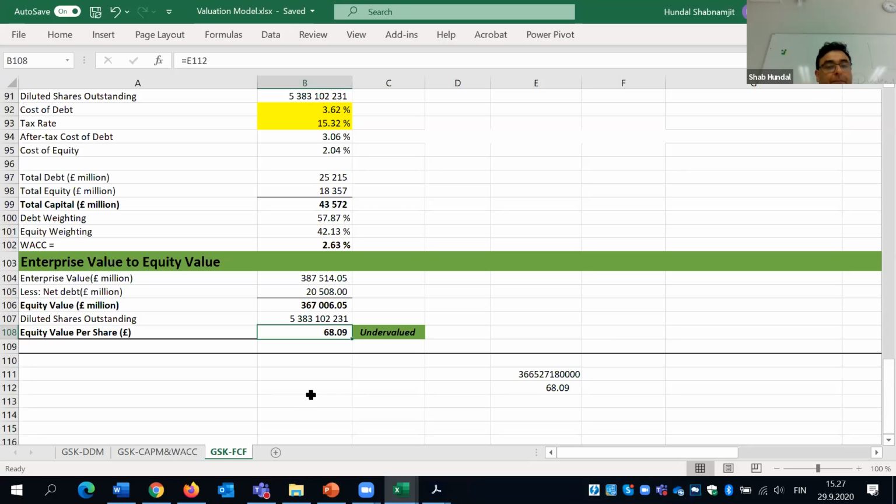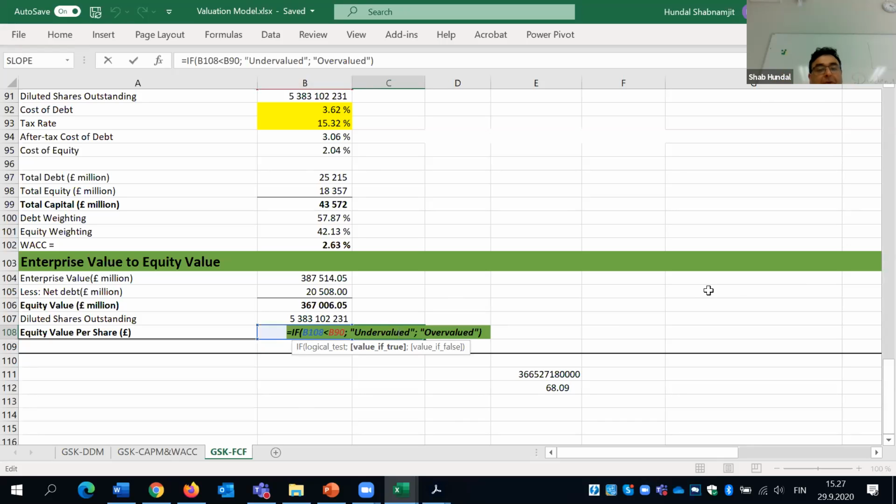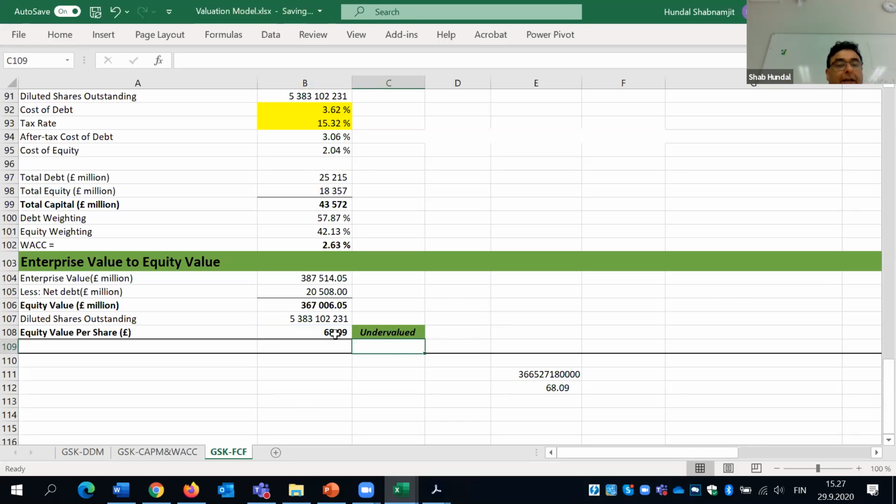And when you compare this price with the market price, which is 1510, we can make a judgment that the equity of GlaxoSmithKline is undervalued.